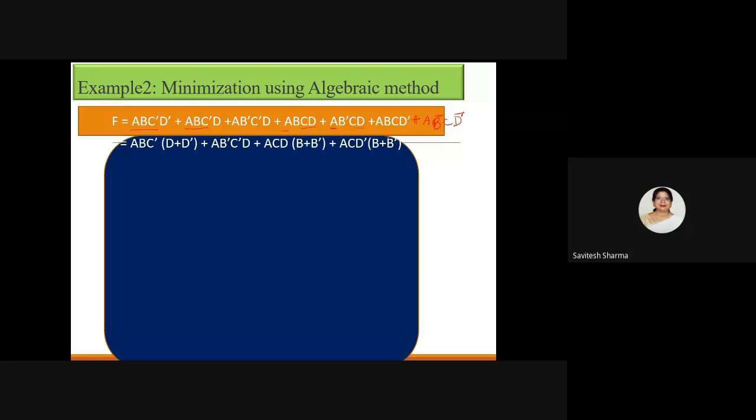You add this term A, B complement, C, D complement. So from this I am taking common ACD complement. So these terms I will remove.